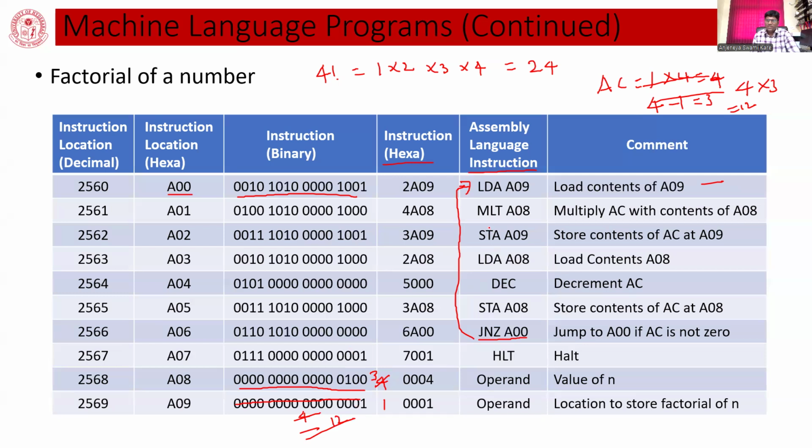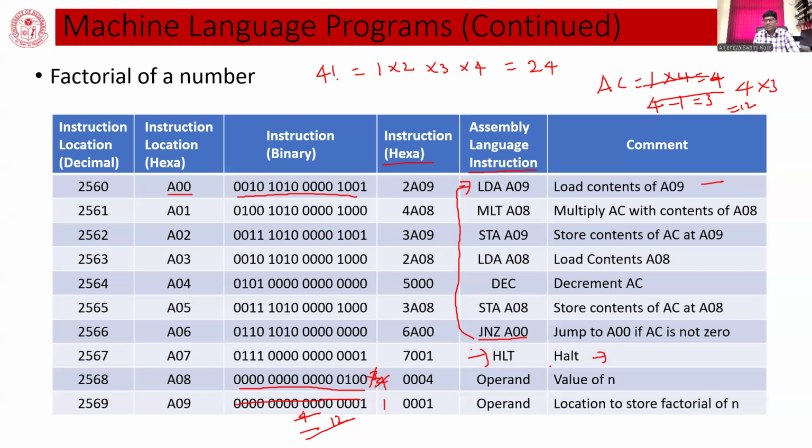Like this, it will keep on going. What it's doing is trying to compute 4 into 3 into 2 into 1. This value is getting decremented: 4 becomes 3, 3 becomes 2, 2 becomes 1, 1 becomes 0. When location A08 becomes 0, the jump non-zero condition becomes false. Then instead of jumping, you will go to the next instruction, which is halt.